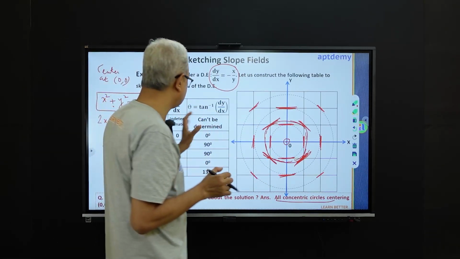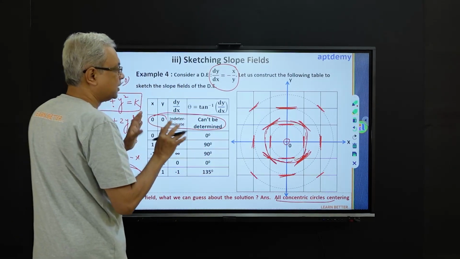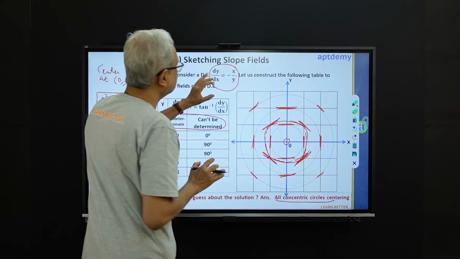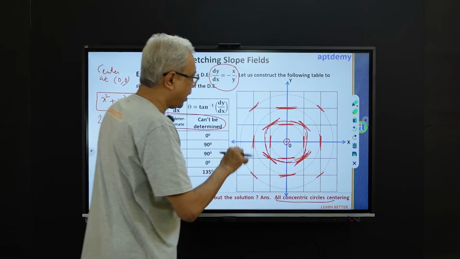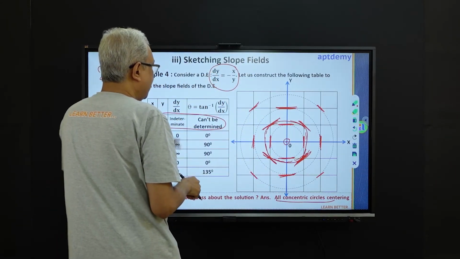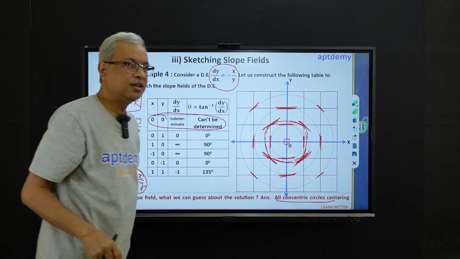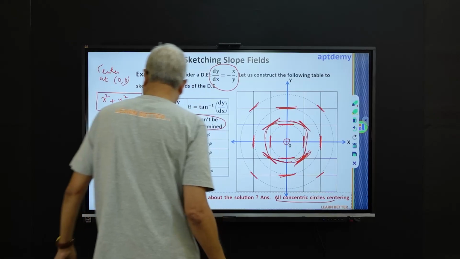So at this point, this differential equation has no significance as such, because dy/dx is undefined. Okay, but other than 0, 0, this differential equation has a meaning, and it represents a set of concentric circles. Okay.